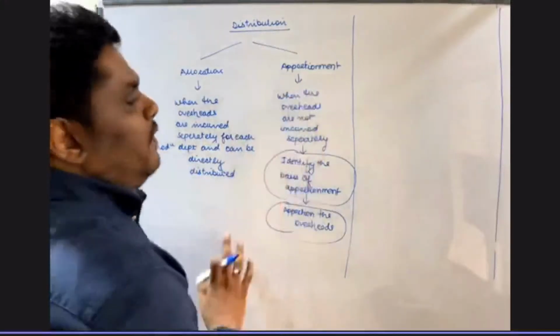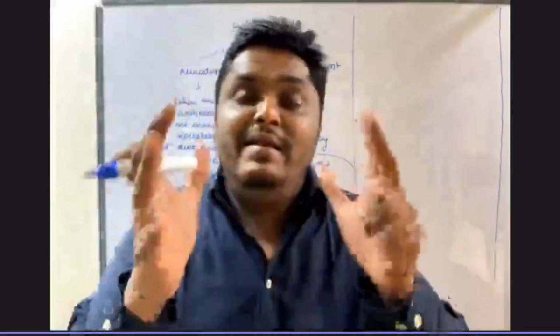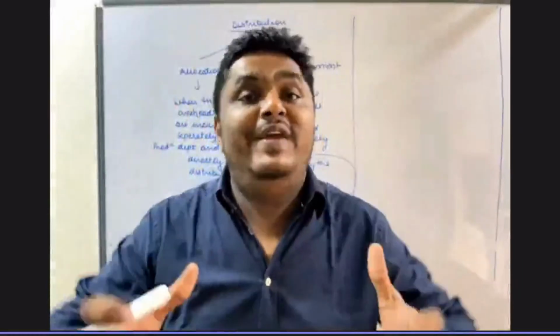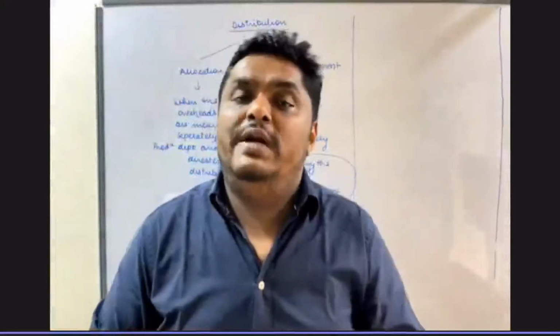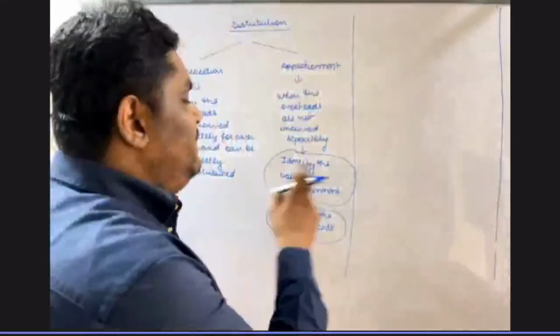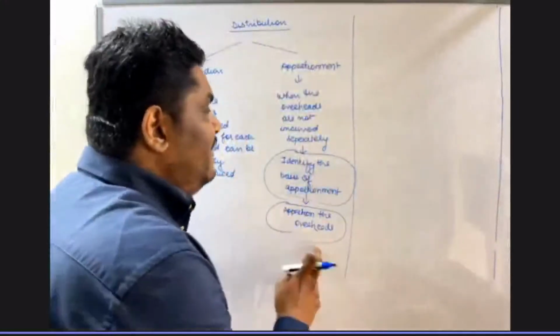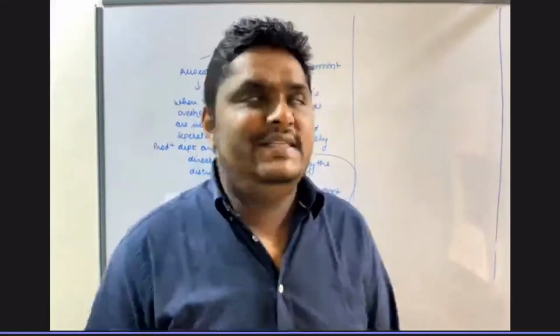And when talking about apportionment, when the overheads are not incurred separately, but they are incurred as a whole, then we can't allocate the overheads. Then we have to apportion the overheads. How to apportion the overheads? Very simple. We have to identify the basis of apportionment and thereafter we will apportion the overheads. So let me discuss this with the help of an example.